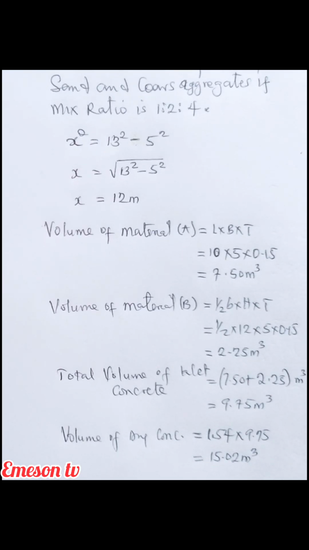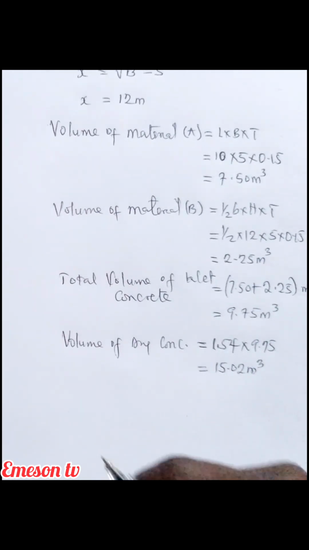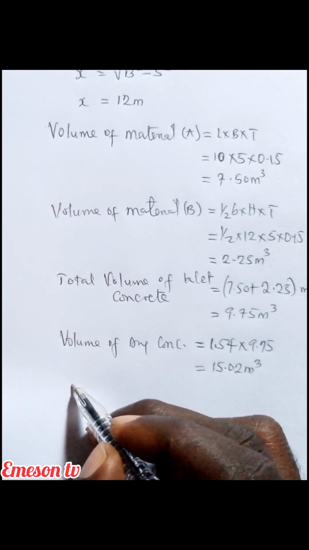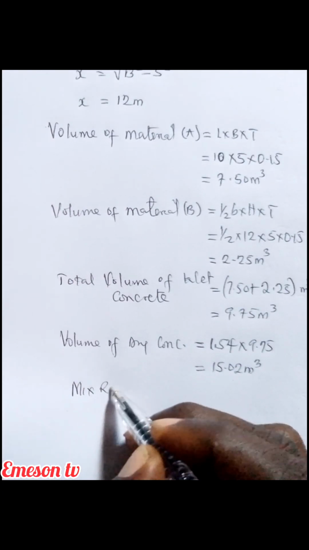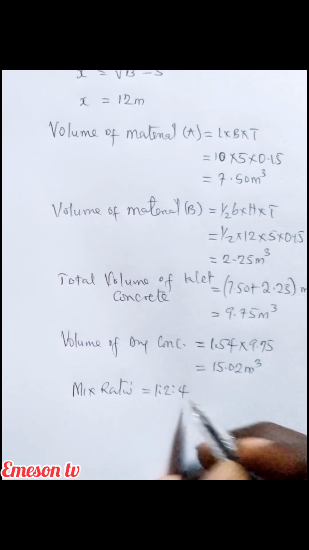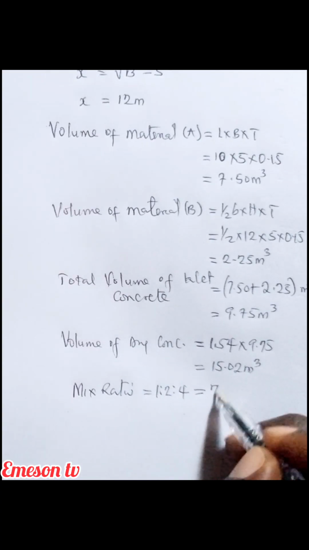Now let's quickly look at the volume of cement in this mixture. First of all, what is the mix ratio? The mix ratio is equal to 1:2:4. The total mix ratio is 7.